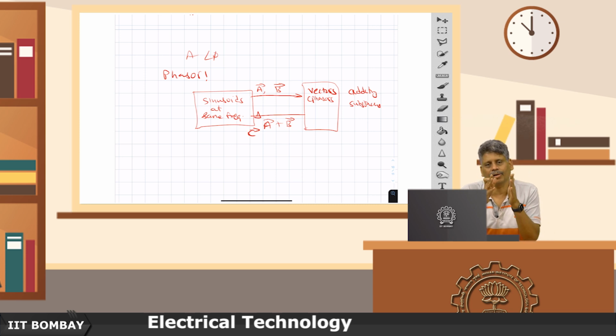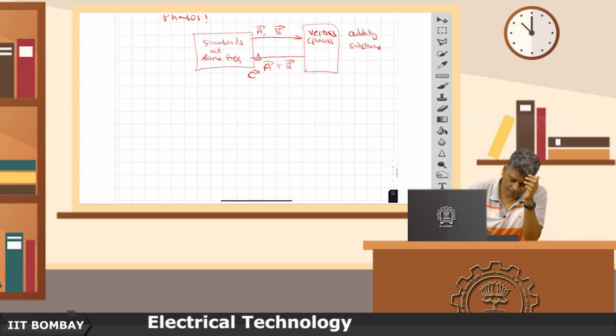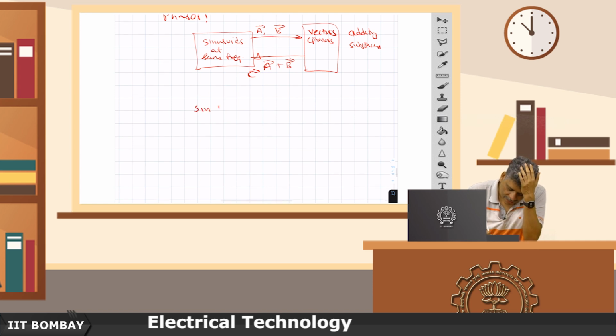Adding or subtracting sinusoids at the same frequency creates a new sinusoid at the same frequency. This is the basic fact that we are trying to exploit. Now, if somebody says, can I do this with phasors?